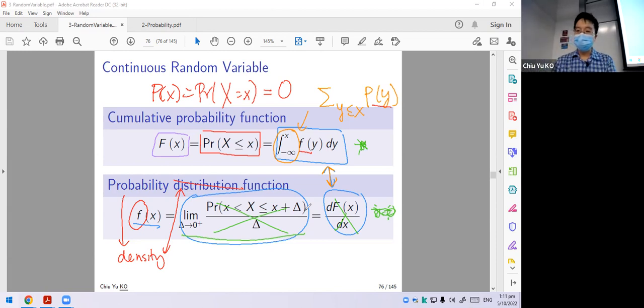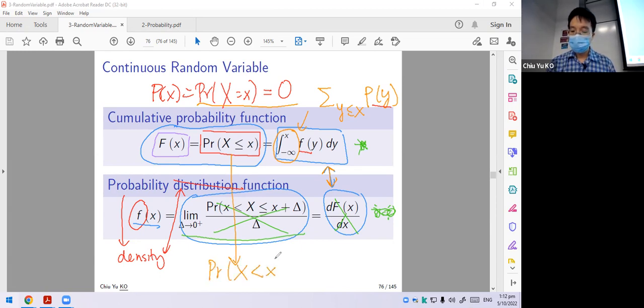The only thing you need to remember is this, which follows directly from the discrete case. The big F is just the probability that the random variable is less than or equal to that value. The only slightly different thing that might concern you is the equal to a particular value. So this in continuous is the same as this.